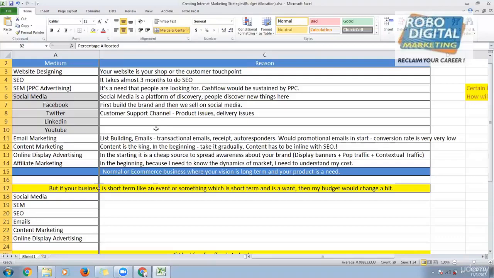I am promoting an auto expo, which is an event that will be for a few days or one day and will be getting over. So if I give you all these same ways, how much budget will you allocate to each one of them based on percentage? I'm not giving a number. Based on percentage, you have to divide this across these things.